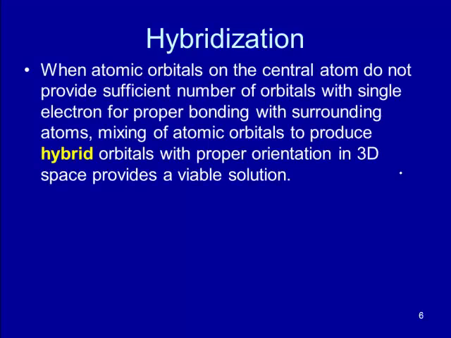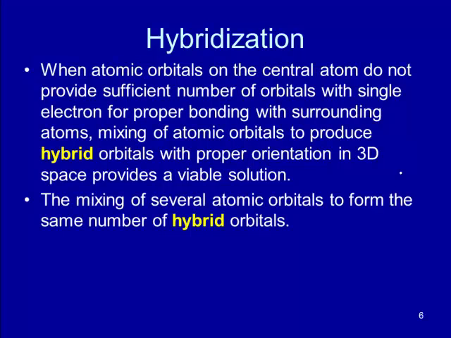So the hybridization of atomic orbitals comes out of necessity, with proper orientation in 3-dimensional space, and provides a viable solution. When you mix those orbitals together, you pay a slight energy penalty, but the bonds that are formed make the compound much more stable. So it is the mixing of several atomic orbitals to form the same number of hybrid orbitals.